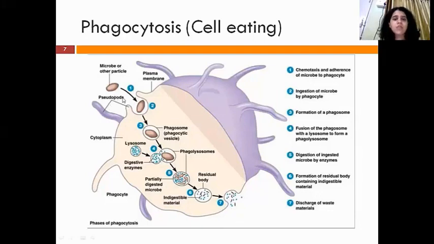Now, the start of phagocytosis takes place with the help of chemotaxis. I hope everyone knows the meaning of the term chemotaxis. Chemo means chemical and taxis means movement towards a chemical. So the phagocytes secrete some chemical due to which the microbes get attracted towards the phagocytes, and later they adhere to the walls.